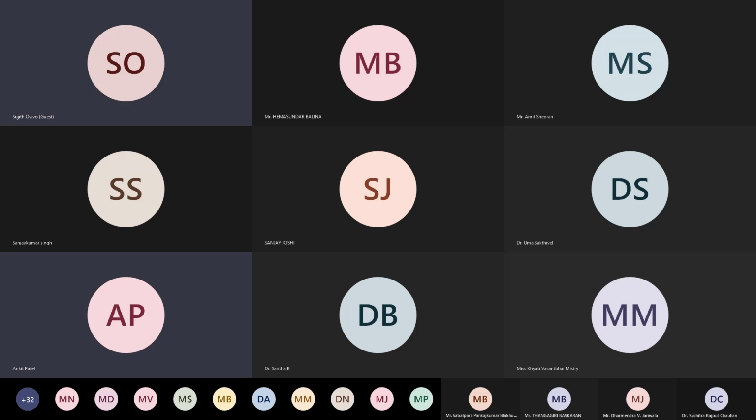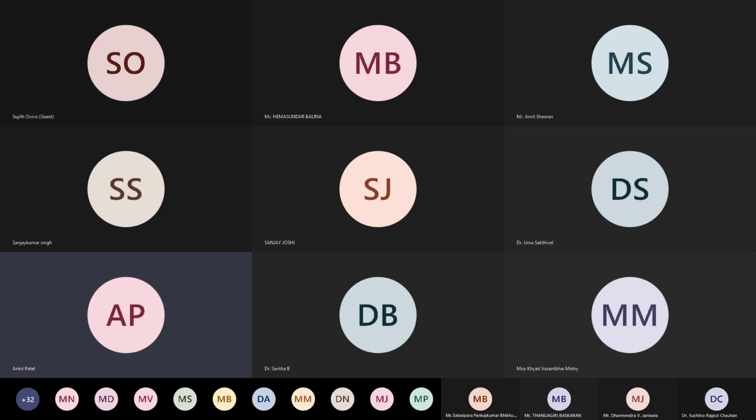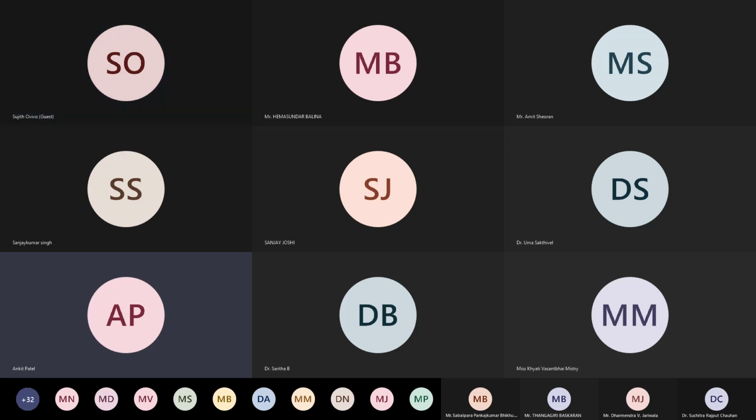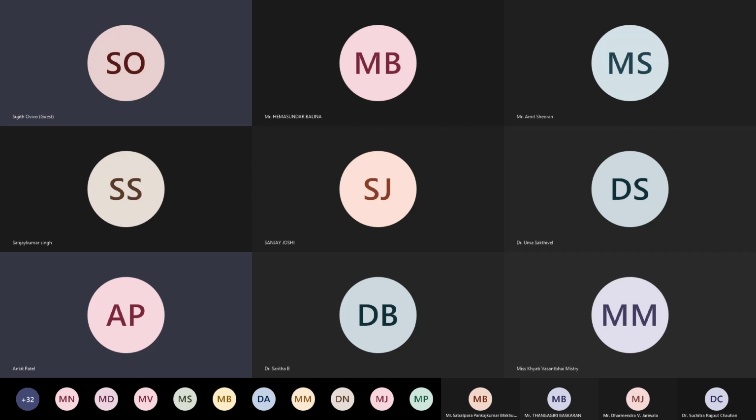It's near the top, besides participants. It is visible to all. Yes, we can see. Sorry, I don't frequently use Microsoft Teams, so bear with me. I'm just trying to figure out where the chat box is.